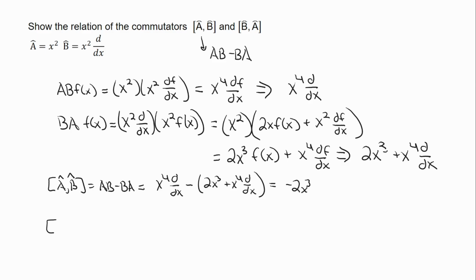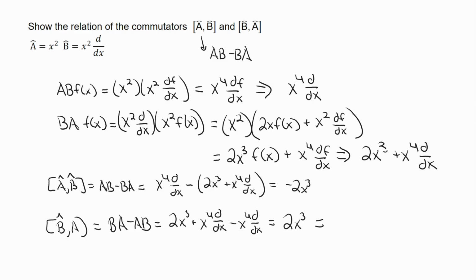And now if we look at our commutator BA, it's just going to be BA minus AB, which appears to be the negative of this result above. And let's show that to be the case. We'll end up getting 2x cubed plus x to the fourth d over dx minus x to the fourth d over dx, which will result in a positive 2x cubed, and it's the same thing as saying minus the AB commutator.